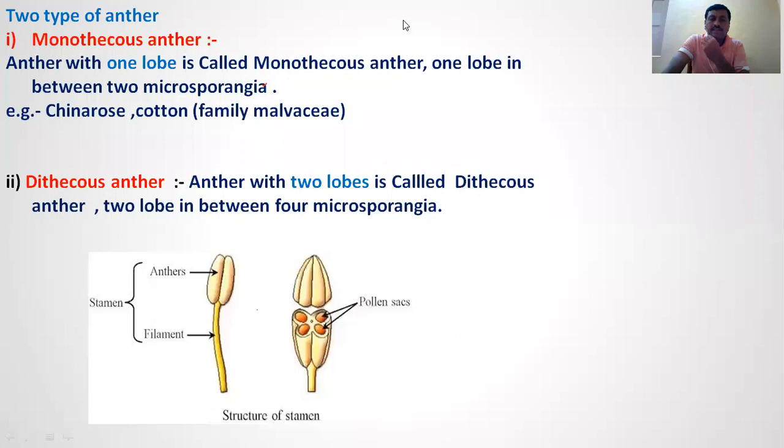In monothecous, only one lobe is present, and in that one lobe, two microsporangia are present.